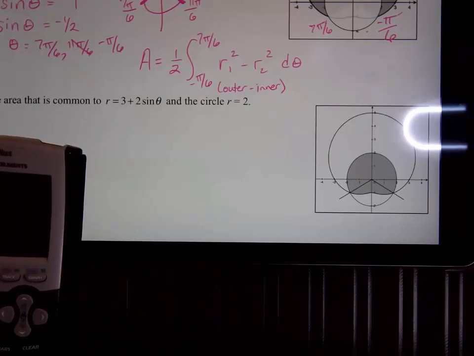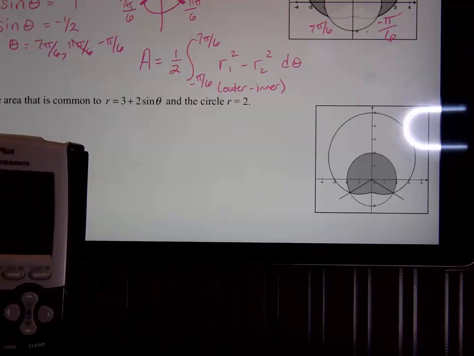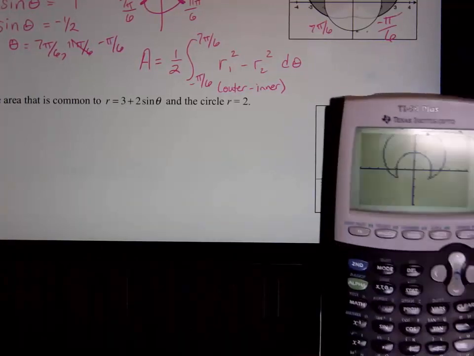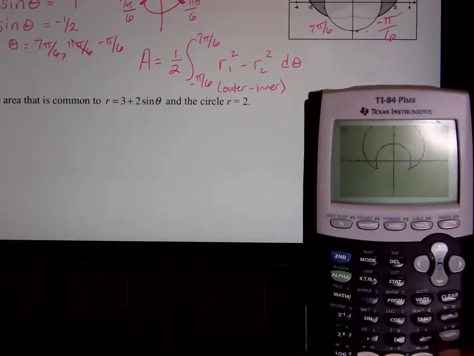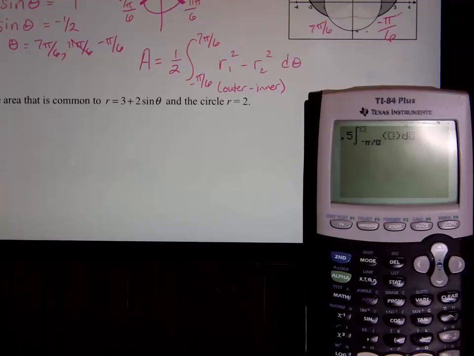Okay? So try typing that in, please, as soon as you write it down. So here we go. 0.5, Math 9. Now, if you're like me and you forget to put in the 0.5, you can just do it at the end. Just multiply your answer by 0.5.